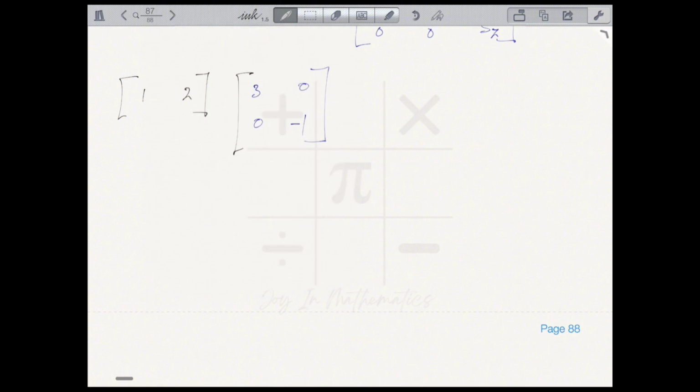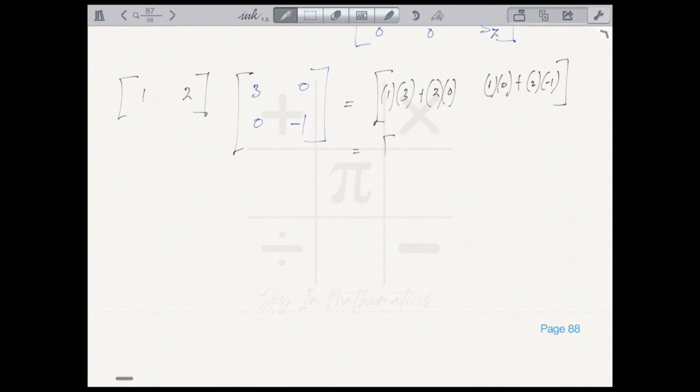So when we multiply this out, we will have a 1 by 2 matrix as a point rather. So that will be 1 multiplied by 3 plus 2 multiplied by 0, and then we will have 1 multiplied by 0 plus 2 multiplied by -1.